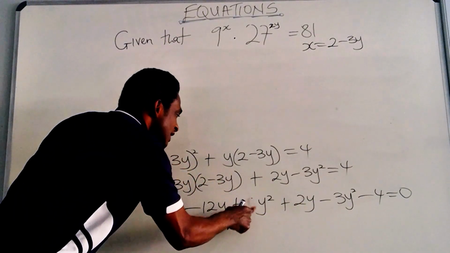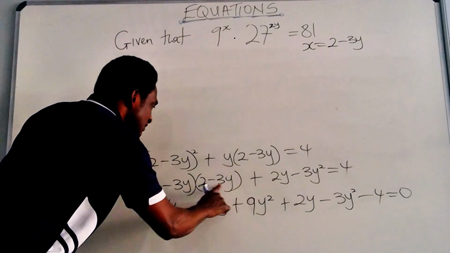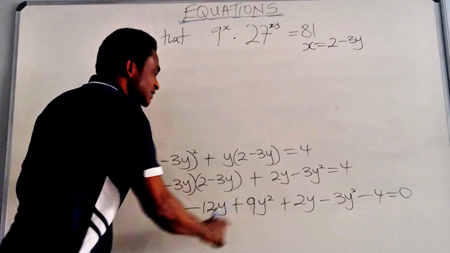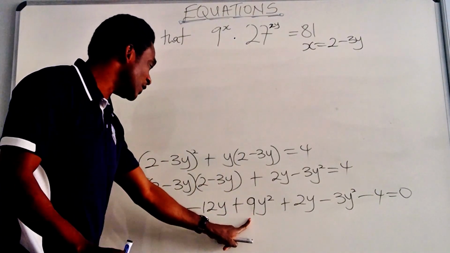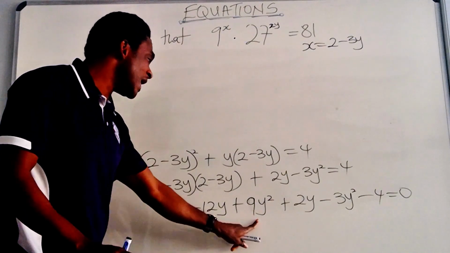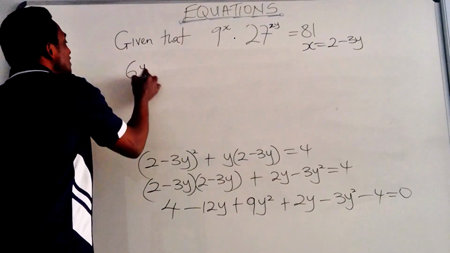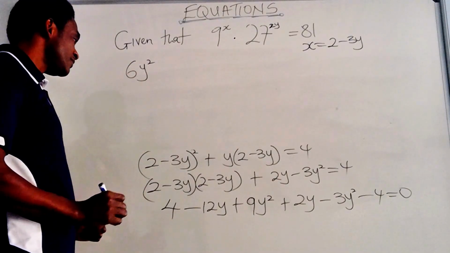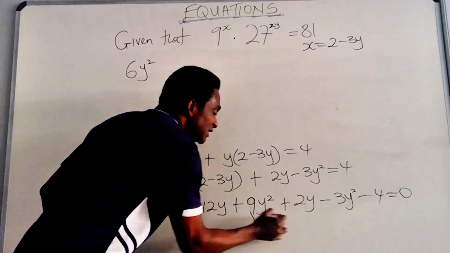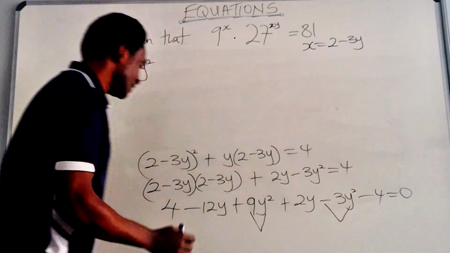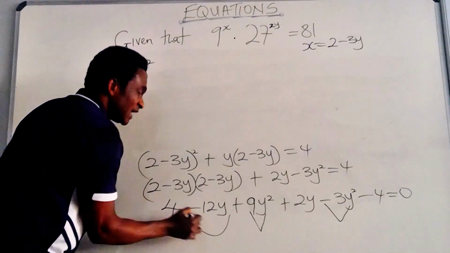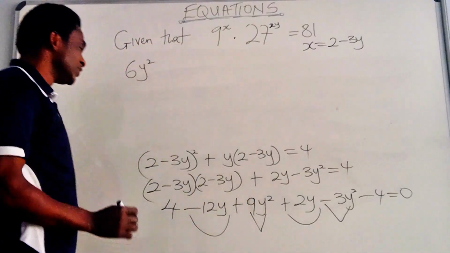Sorry, this is minus 9y, 3 times 3 is 9, y squared. Minus 9y plus 9y squared. Now 9y squared minus 3y squared will give us 6y squared. If we collect like terms, these and these are like terms.